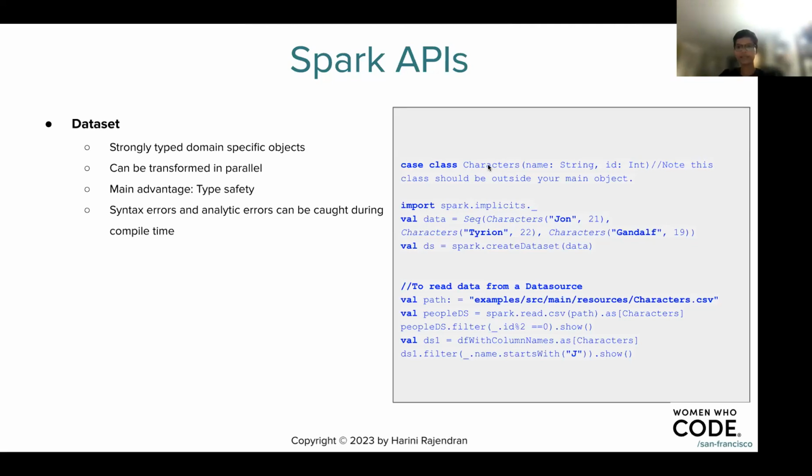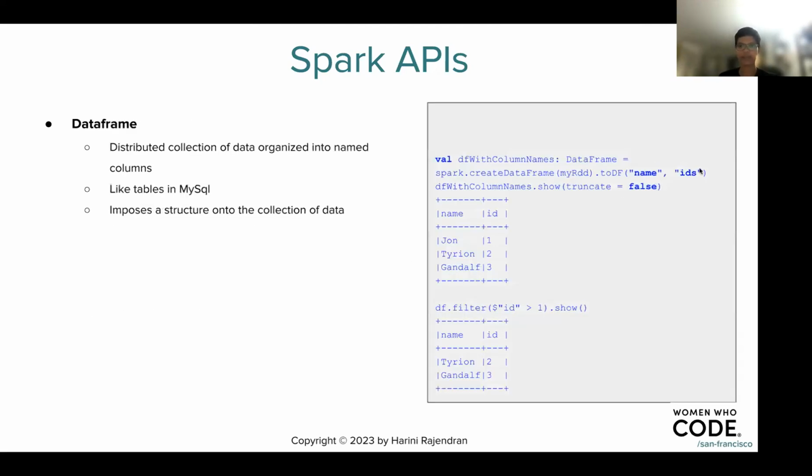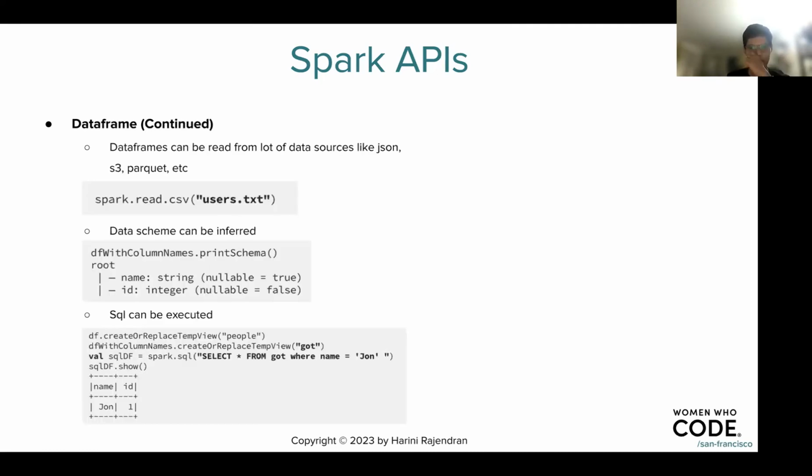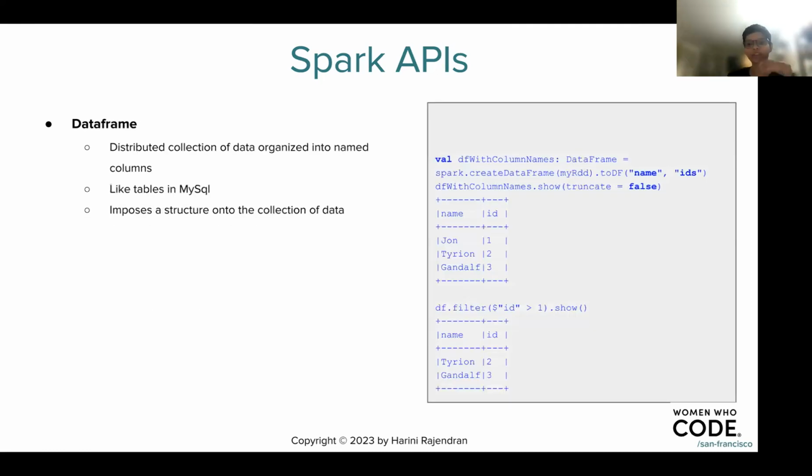Comparing it with the previous one, there you say it's name and ID, two columns with these names, but you're not associating any data type with it. So you can still produce data with mixed data types. But when you try to perform some operation on the data, if there are inconsistent data types, there would be errors. So you will be hitting errors at runtime, say you are adding all the IDs, and there is a string entry there.